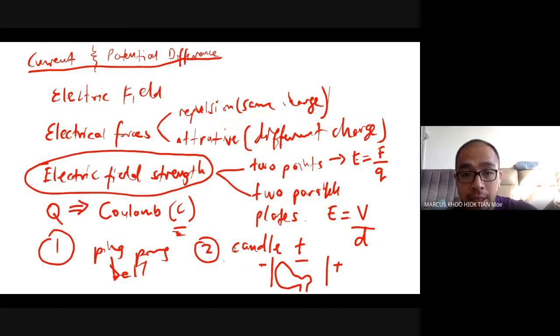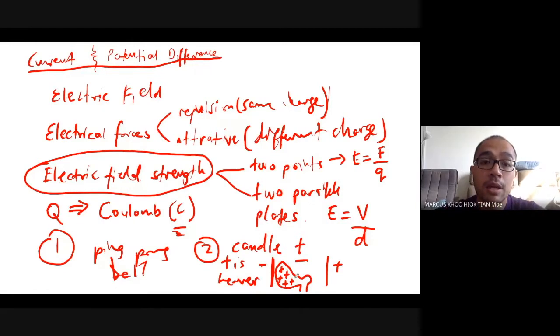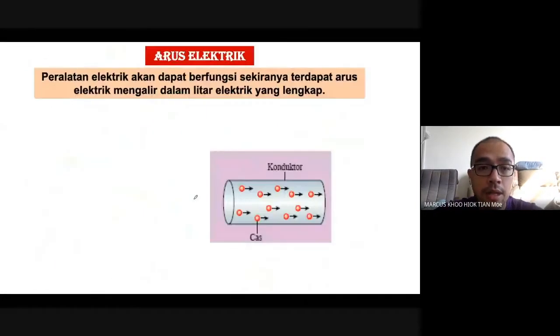Secondly, the positive charge is heavier. When the positive charge is attracted to the plate on the negative side, there is more weight on this side, because the positive charge is bigger. All right, so let's continue.